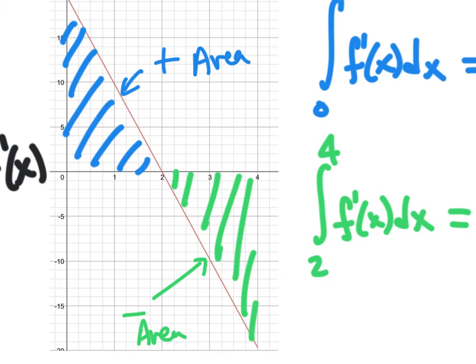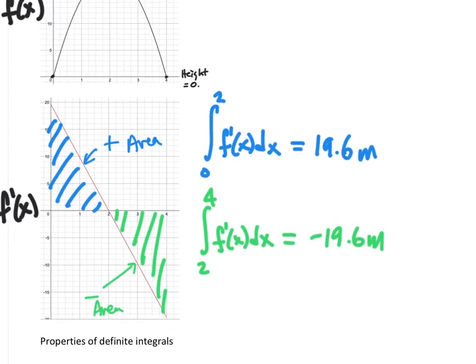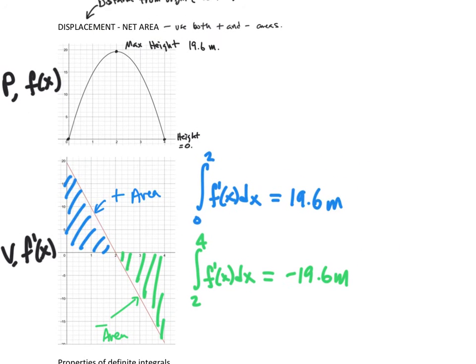Now, what I've done is I've shown you what these values become if we were to throw the object in the air. It travels 19.6 meters, and then it travels down 19.6 meters.